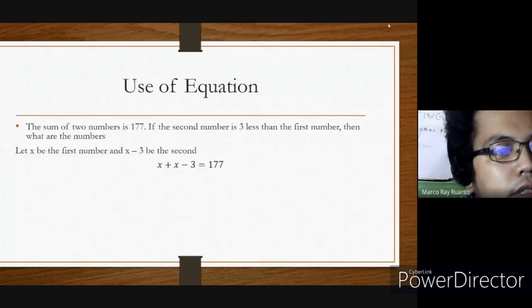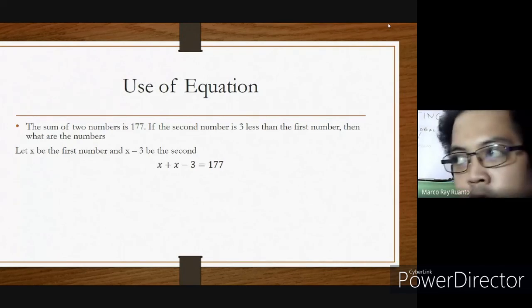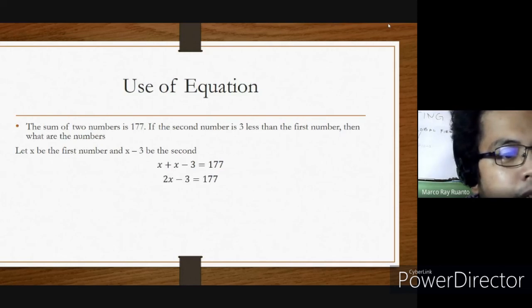If we add the two, x plus x minus 3, we have 177. Then just solve for x using a linear equation in one variable. We have 2x minus 3 equals 177.